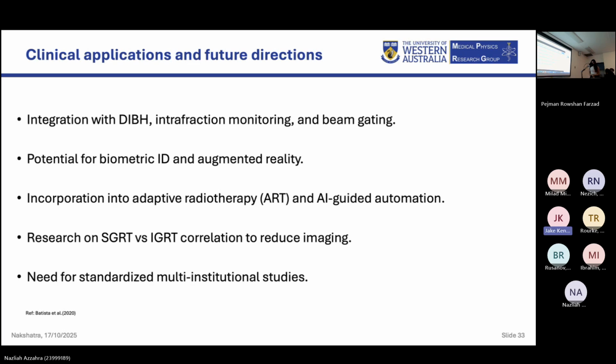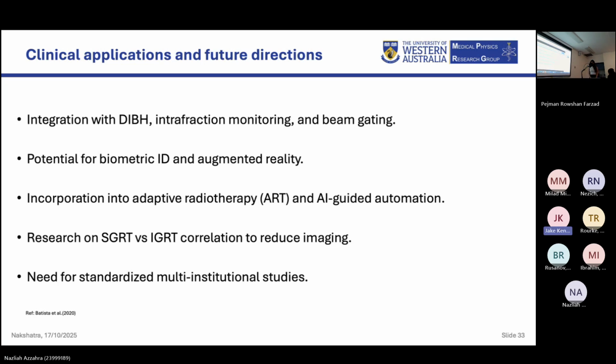SGRT is also expected to play a critical role in adaptive radiotherapy and automation of the couch, where real-time surface feedback can be used to create a more closed-loop radiotherapy system, where SGRT can be integrated with AI to build more of a predictive approach to the positioning and automatic couch movements as well.